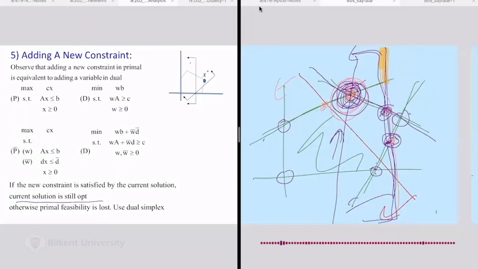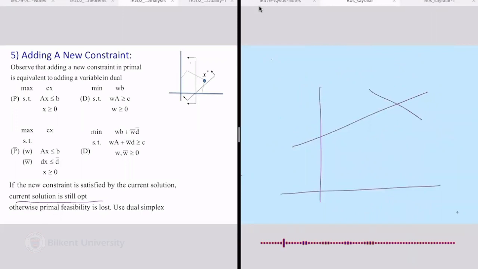I don't know. Let's say this was my optimal solution. Now you're adding a constraint such that this one becomes one of the alternative optimum solutions. I don't know yet. Maybe it's not easy to see. Yeah, that's what I'm thinking, from unique to alternate.